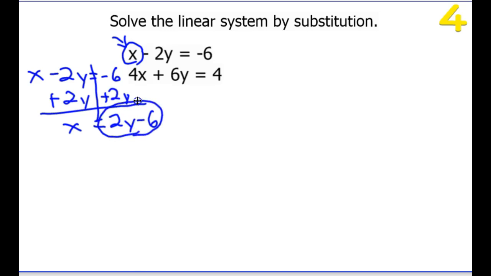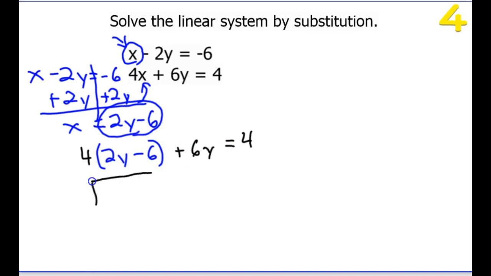This 2y minus 6 is going to go in for our x on the second problem. So what we'll have is then 4 times 2y minus 6 plus 6y equals 4.